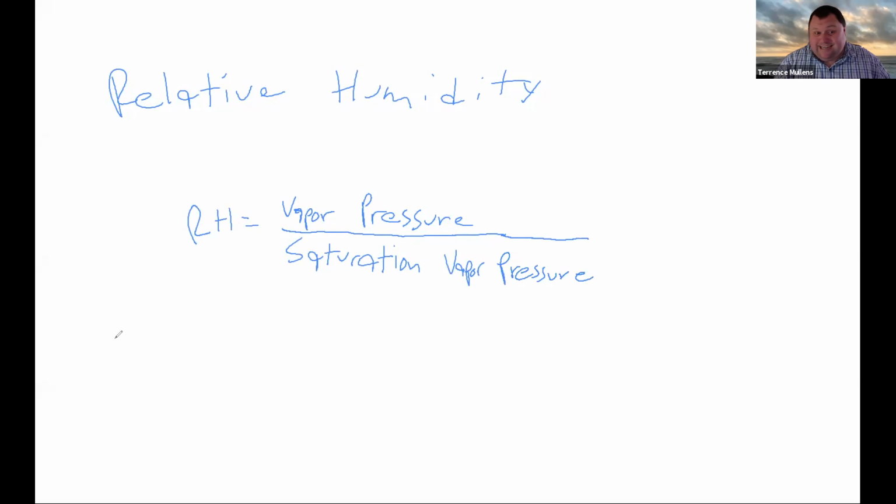And when you calculated this, you got your ratio of vapor pressure to saturation vapor pressure. You would take the whole thing and multiply it by 100 to convert to a percentage. I will always give you vapor pressure.